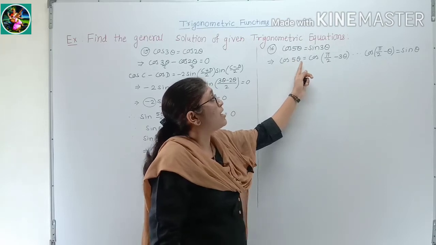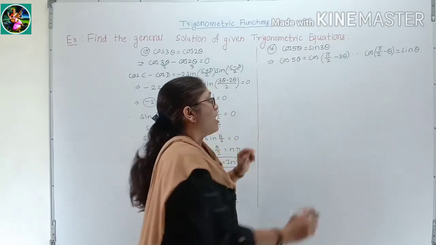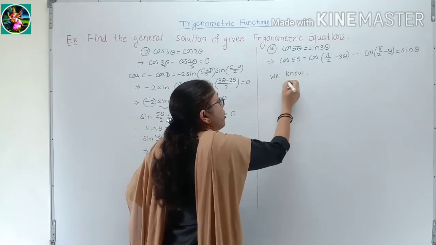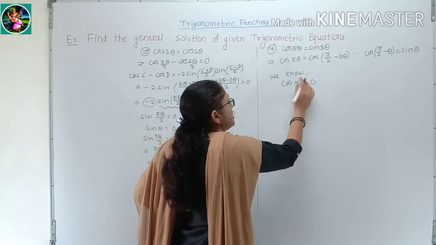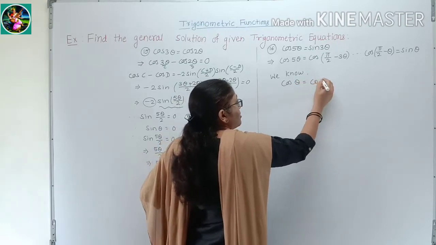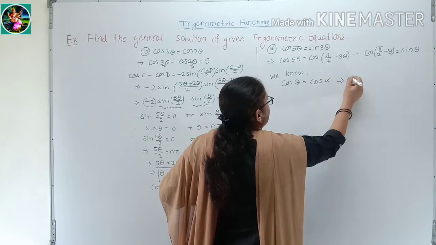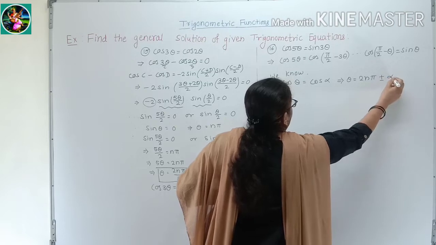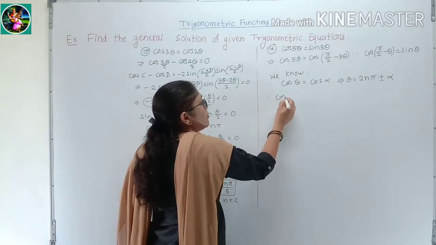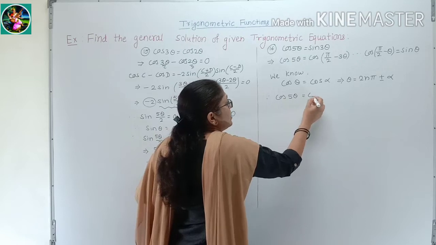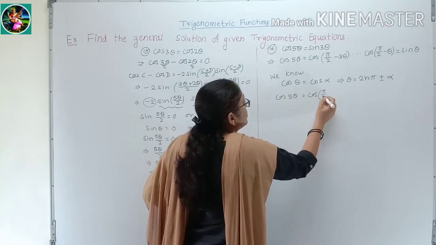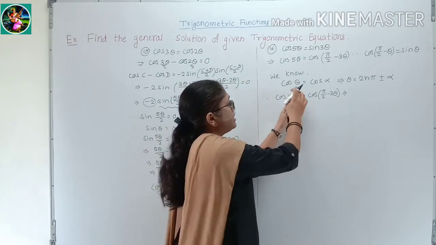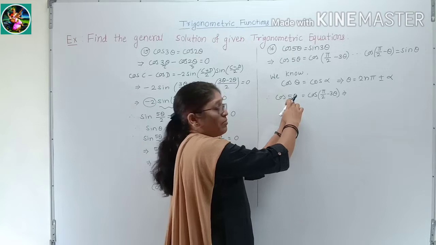Now here cos theta is equal to cos alpha, and we know that cos theta is equal to cos alpha gives the solution theta is equal to 2n pi plus or minus alpha. Therefore, cos of 5 theta is equal to cos of pi by 2 minus 3 theta will give the solution that, see here, instead of theta we have 5 theta.